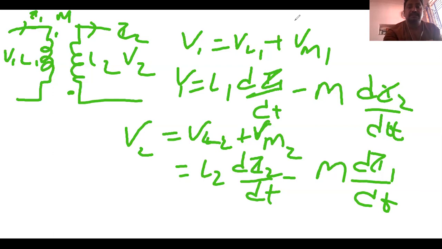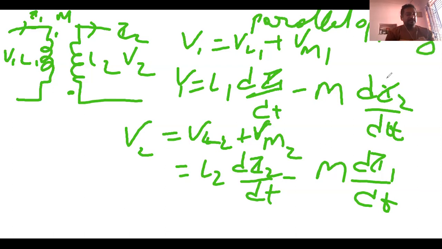So this is about parallel opposing. In case of this parallel opposing, finally we'll get the equivalent inductance by substituting I1 is equal to I minus I2, or I2 is equal to I minus I1, and after then we'll get di1 by dt and di2 by dt. All these equations are substituted in either one of these equations.